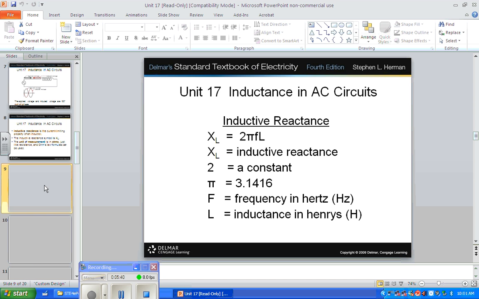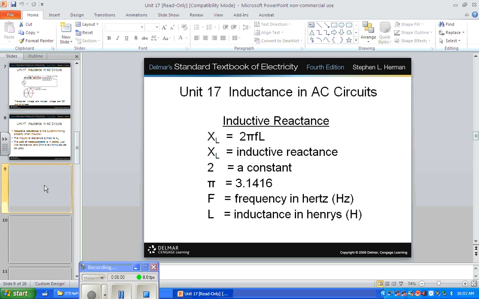Now you're going to have to remember that 2 pi F L is the actual formula. But if you plug in 60 cycles, because that's where we happen to be in the United States, then that number is going to be 377. It gets very simple to use if we say X sub L is equal to 377 times L, right?